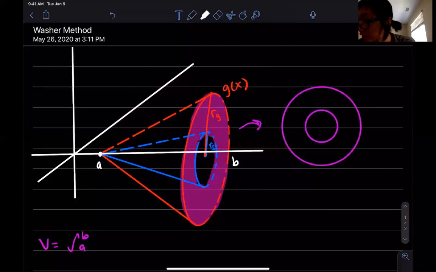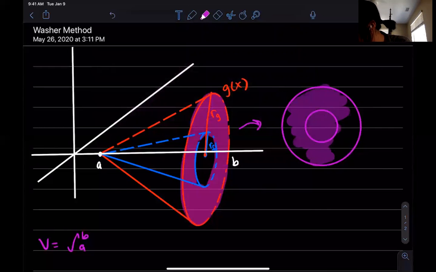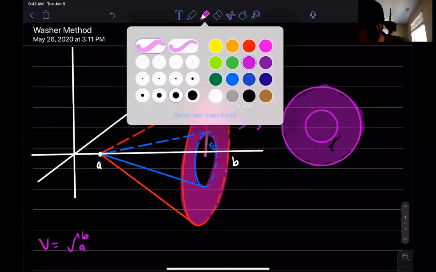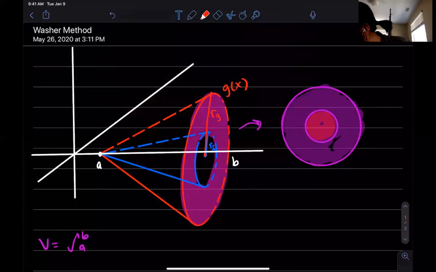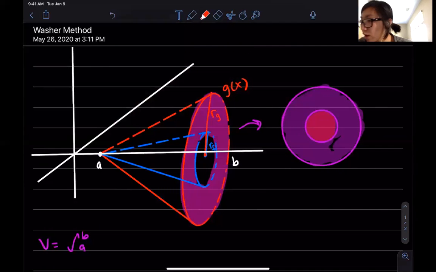The area of this is just going to be all of the area of the big circle, and we're going to subtract the area of the little circle. That makes sense. But how do I get the area? We'll do the area of the small circle first.